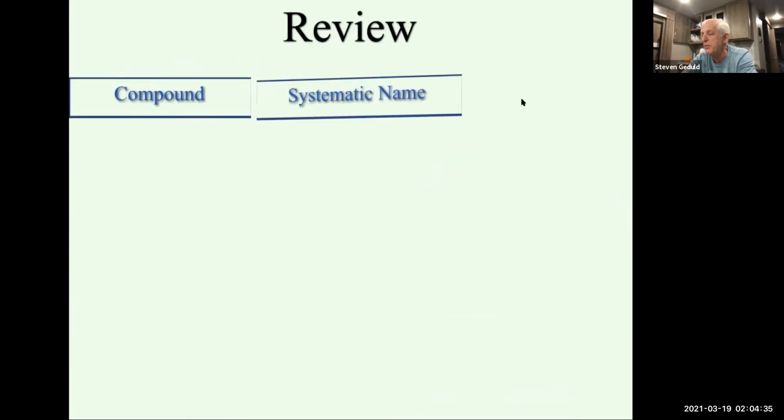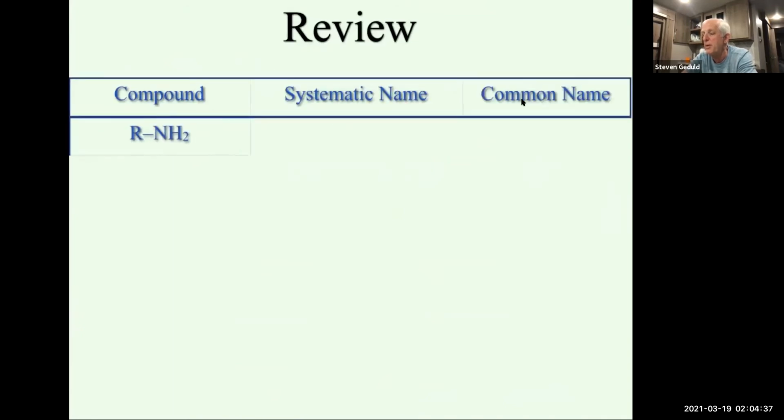Let's review a couple of things here. The compounds with NH2 are primary amines. It's the alkane, and then the word amine. That's the systematic name, the IUPAC, which might be used for most things. The common name would be the alkylamine, like methylamine, ethylamine, propylamine. So this would be CH3NH2.